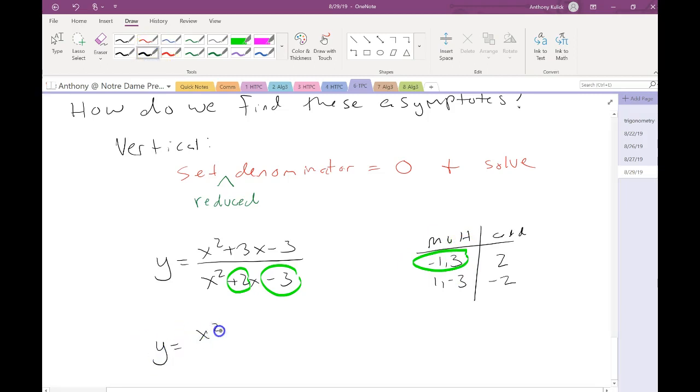So what I can do is I can replace the denominator with x minus 1 times x plus 3. Keep in mind, I could do this shortcut specifically because the leading coefficient was 1.